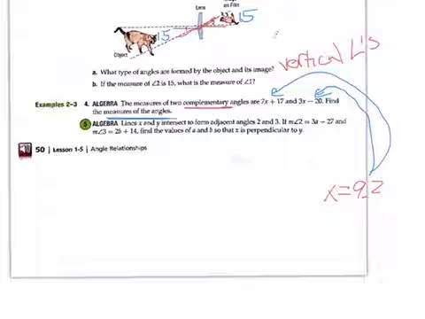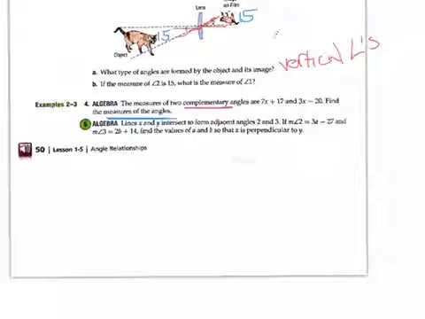As we continue on with geometry, one of the things you will learn is that geometry is about relationships. So it's always figuring out what the relationship is in order to set up your equation. So it says lines x and y intersect to form adjacent angles 2 and 3.